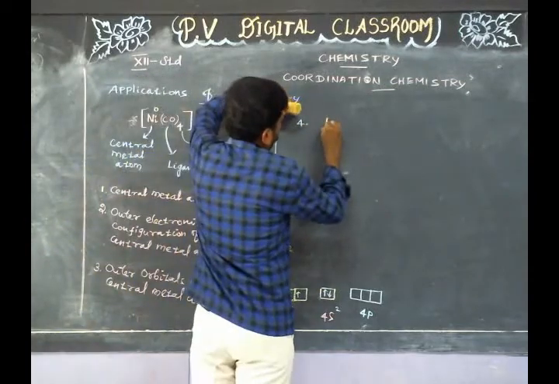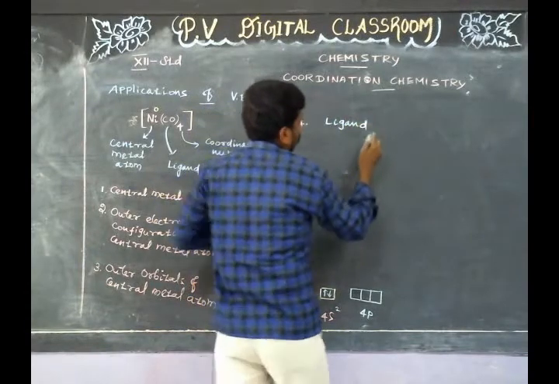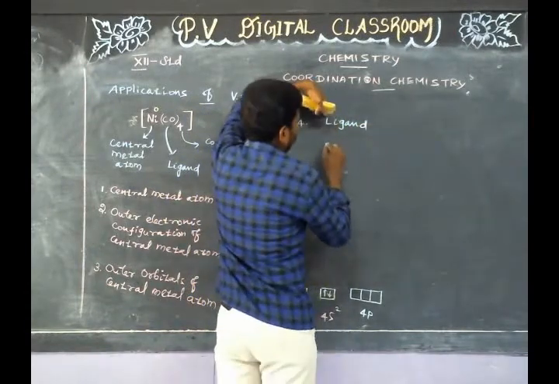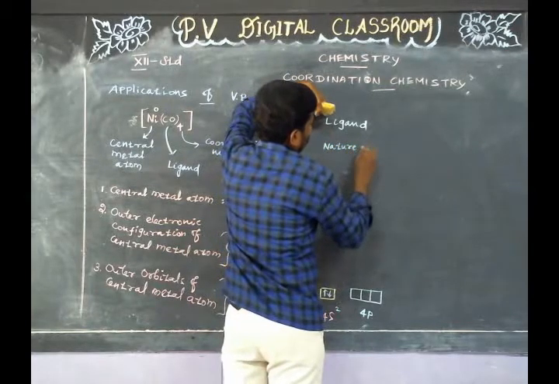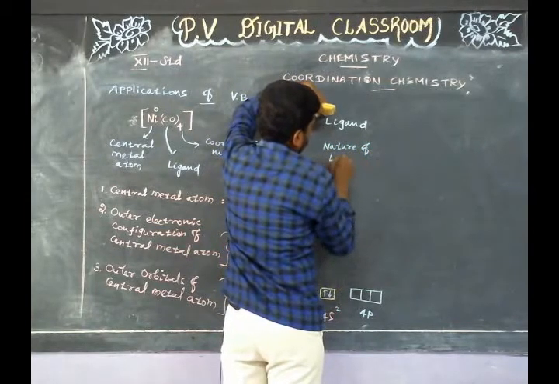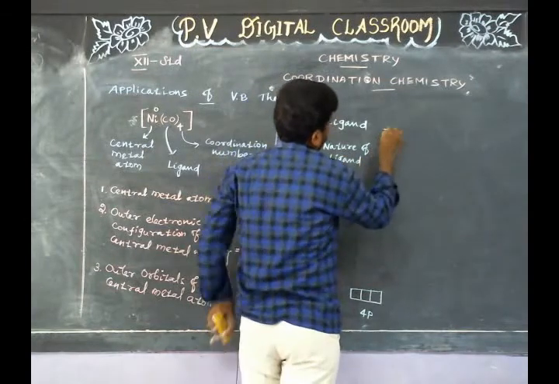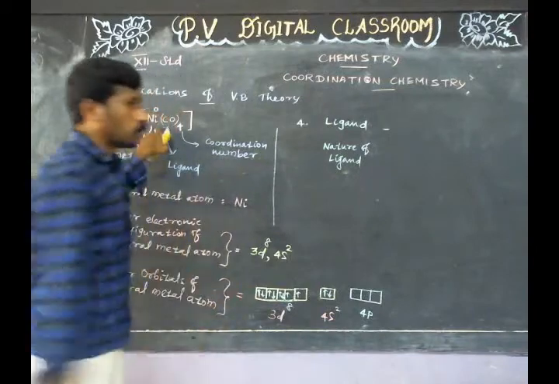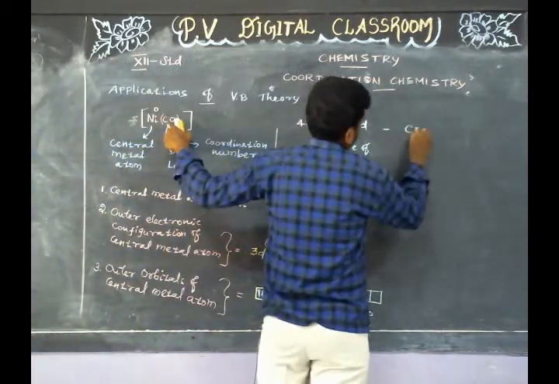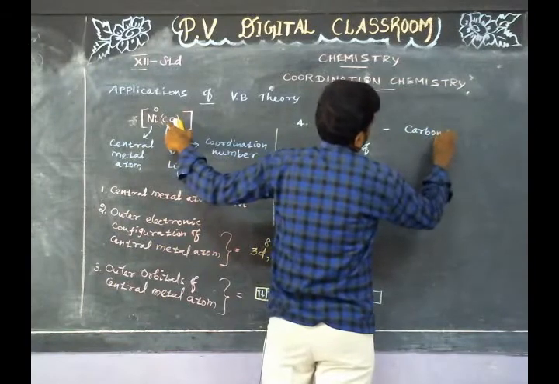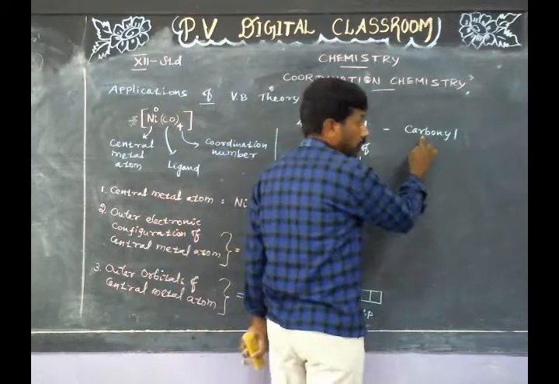Fourth one, ligand and nature of ligand. In this compound, the ligand is carbonyl. It is a neutral ligand. It is a strong ligand.